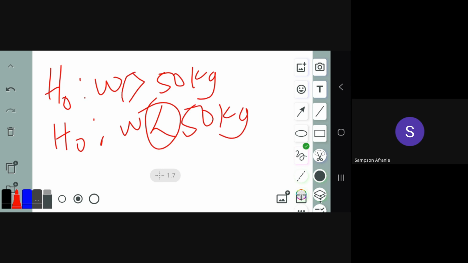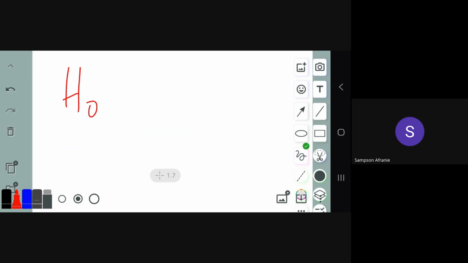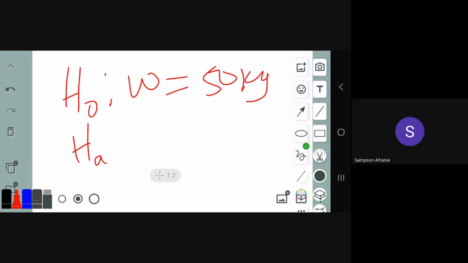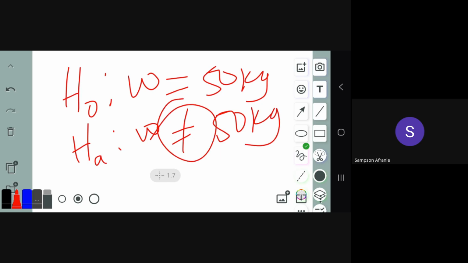Because I'm using only the less than and the greater than, these single parameters, this is going to be a one-sided test. But if I'm testing that their weight is equal to 50 kg against their weight is not equal to 50 kg, because of the not equal to sign, I am going to get a two-sided test.